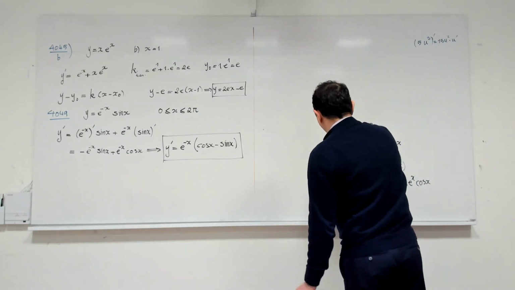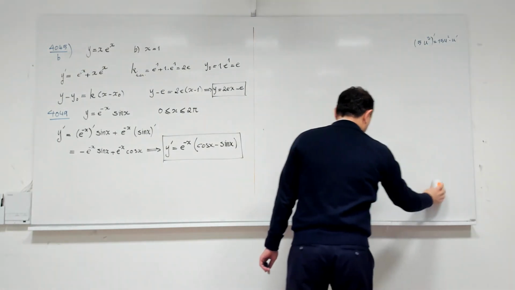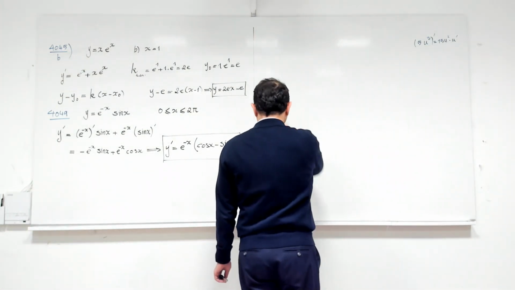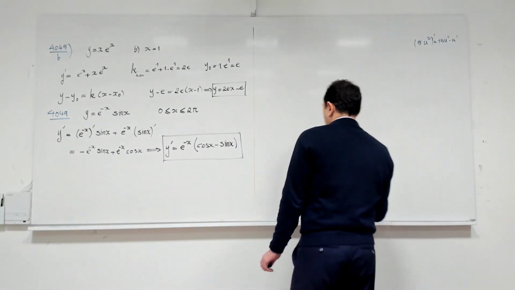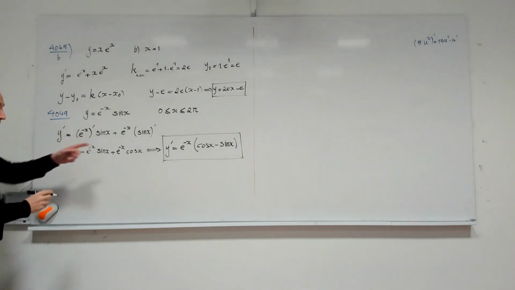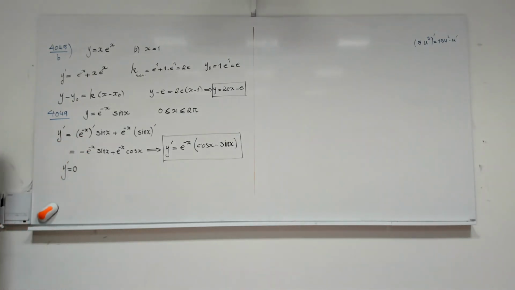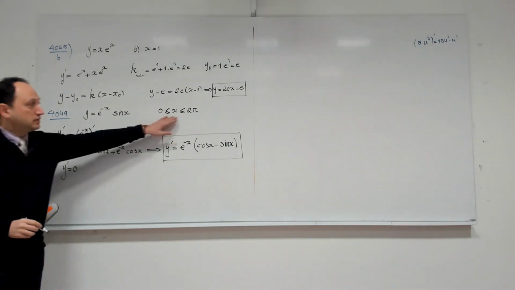Okay, so now we have to refer to chapter 2 because we want to solve a trigonometric equation. So you see, you are not independent of chapter 1. So you have to know how to solve that equation because I want to put it equal to 0 and find x. But I have to work in this interval, yes?